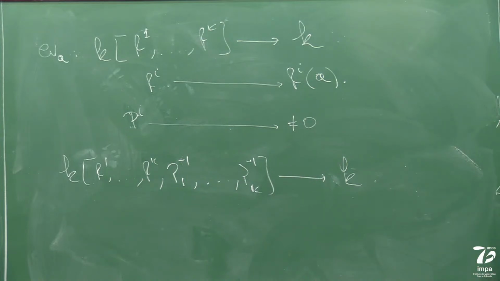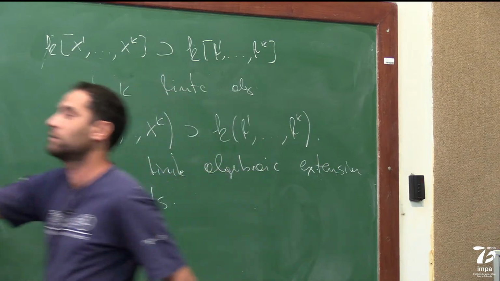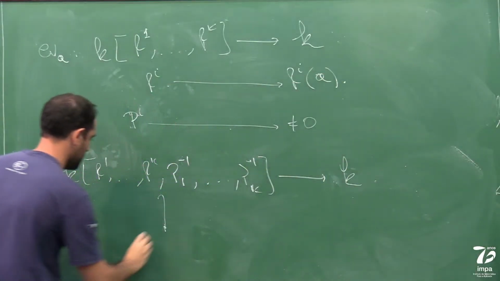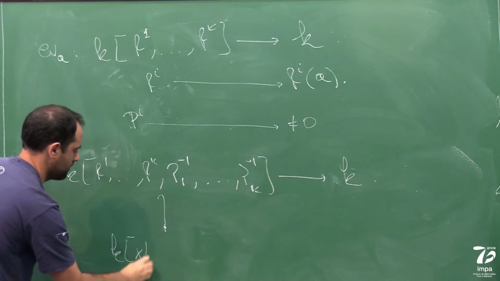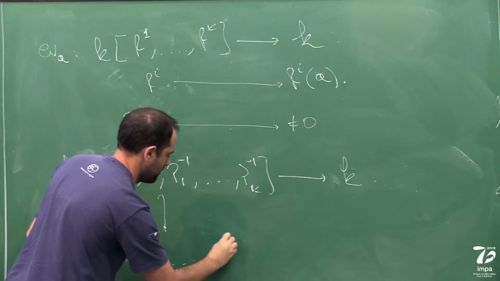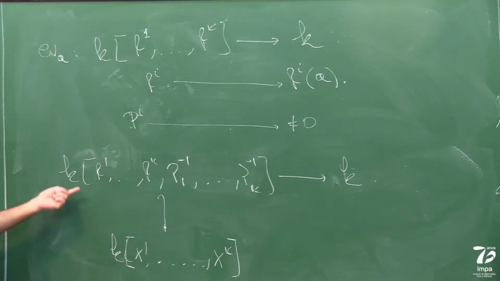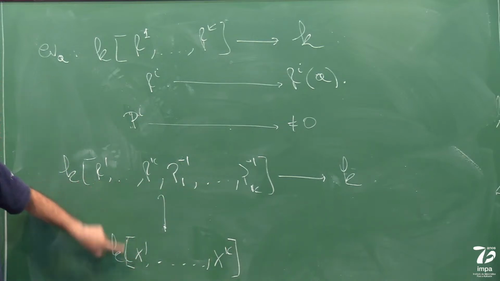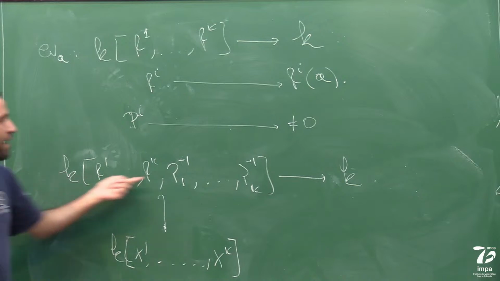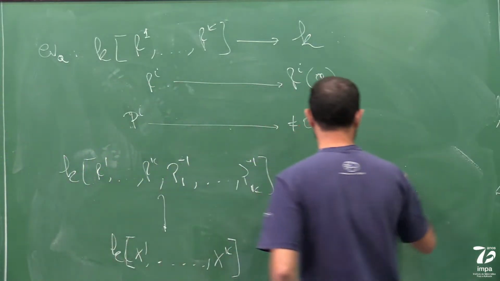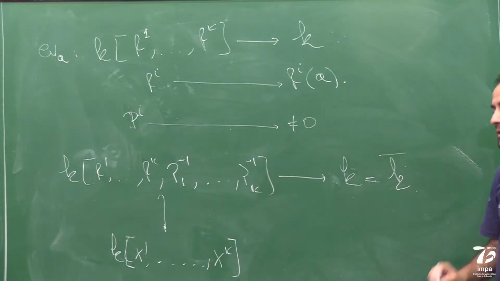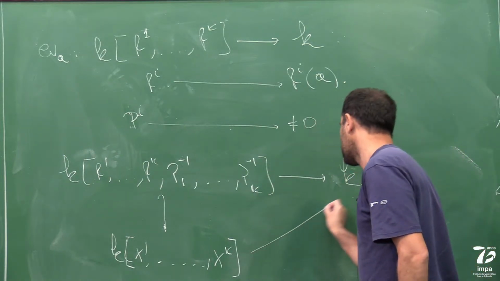On the other hand, this extension here was defined in such a way that this is an integral extension over this ring. We constructed these pi's in such a way that this guy was a finite extension. So if we have this, and this field is algebraically closed, then we have an extension like this.